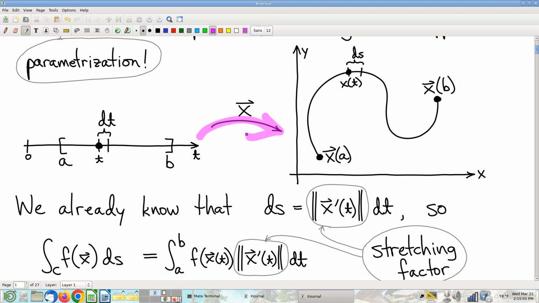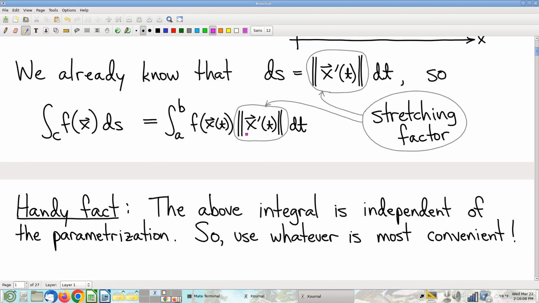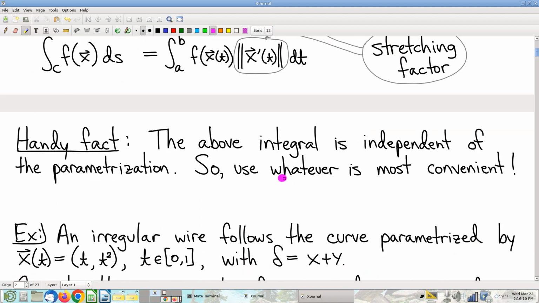How do we know who gets the right answer? Is there a correct parameterization to use, right? This is something to be worried about. Good news, it doesn't matter. Any parameterization you use is just fine. So use whatever parameterization you like. Whatever is the easiest parameterization. No problem.